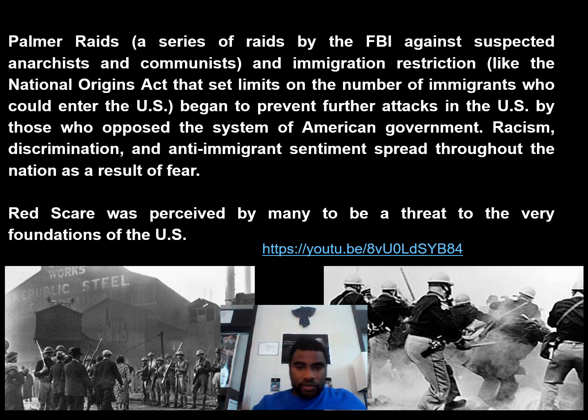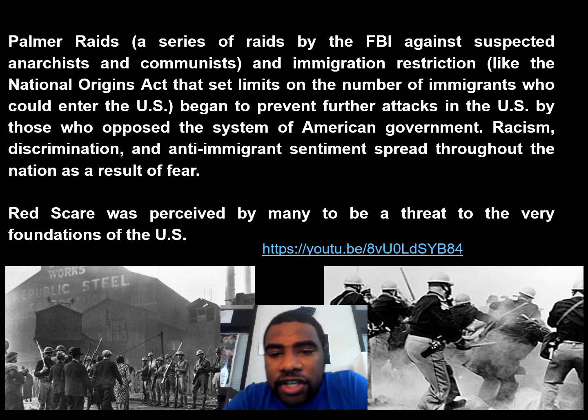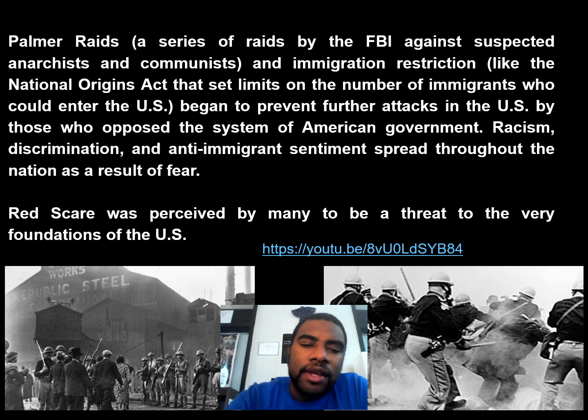Palmer raids, which were a series of raids by the FBI against suspected anarchists and communists, and immigration restrictions like the National Origin Act that set limits on the number of immigrants who could enter the United States began to prevent further attacks in the U.S. by those who oppose the system of American government.